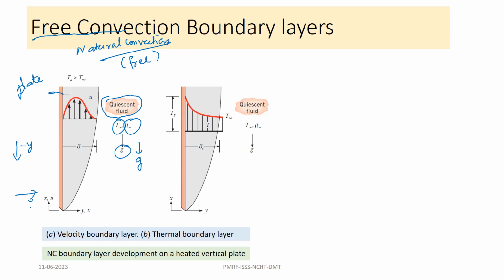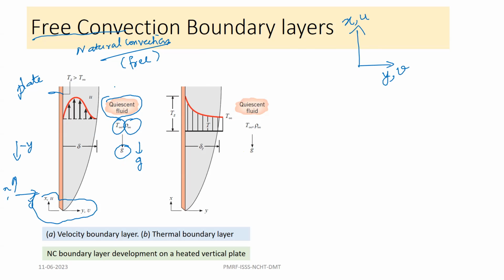In all these assumptions, you have to clearly notify the directions of x and y. So x is taken here in the vertical and y here in the further discussion. Please note that. Any velocity in this direction will be u, and any velocity in this direction will be v.